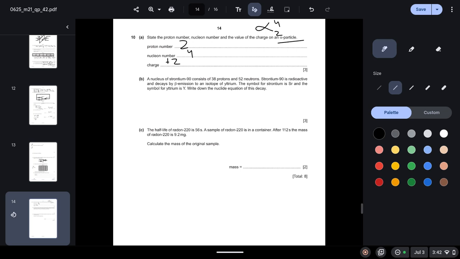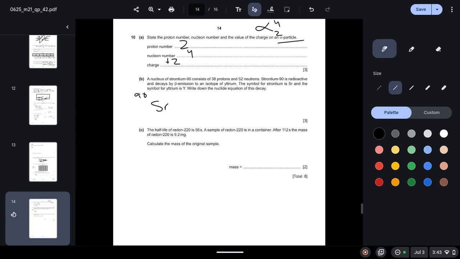A nucleus of strontium 90 consists of 38 protons and 52 neutrons. Strontium is radioactive and decays by beta emission to an isotope of yttrium. The symbol for strontium is Sr and the symbol for yttrium is Y. Write down the nuclide equation of this decay. Okay, so a strontium atom is decaying.